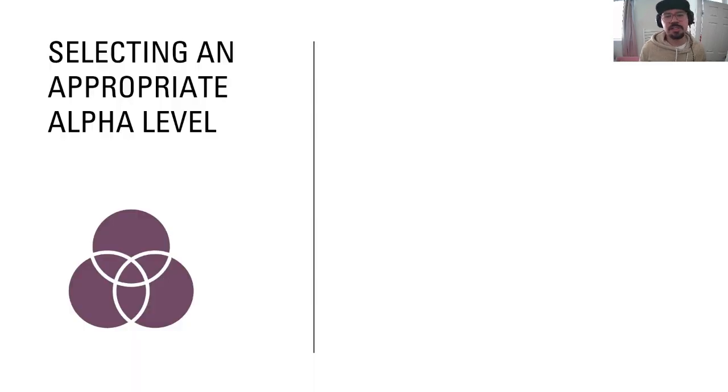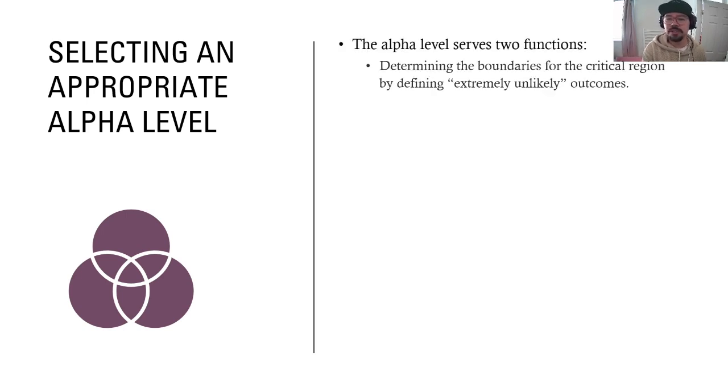You might be thinking to yourself, okay, well, if selecting a smaller alpha level reduces the likelihood of making a type 1 error, then wouldn't I just always lean on choosing a lower alpha level? The logic I understand. However, there are some considerations that we have to make as researchers. The alpha level serves two functions.